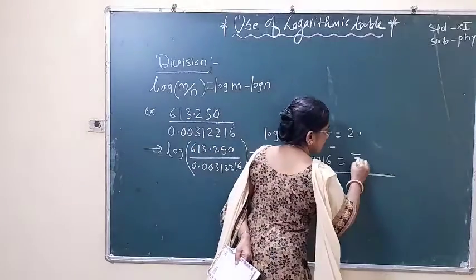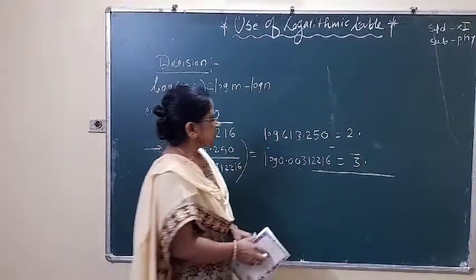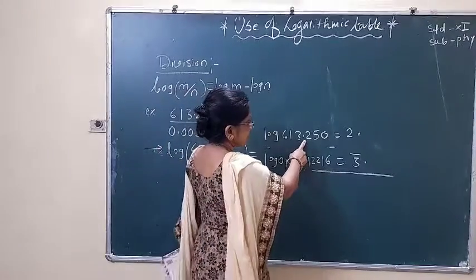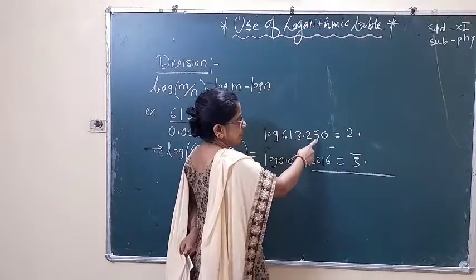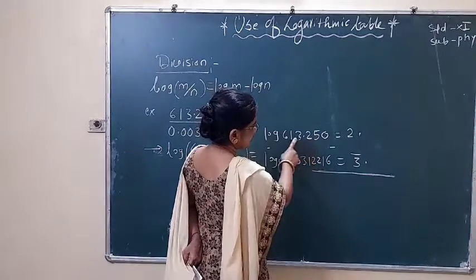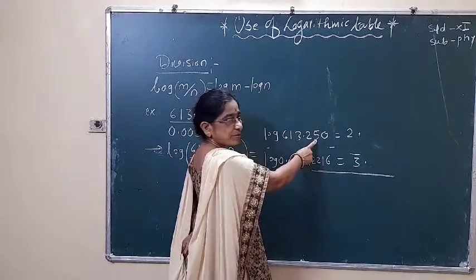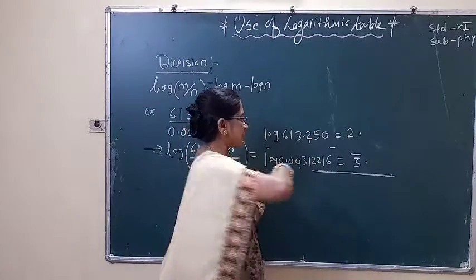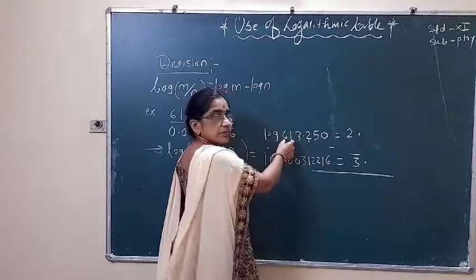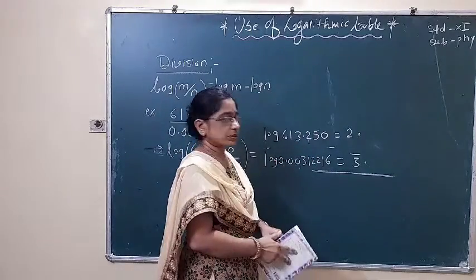The characteristic will be 3 bar. Then we have to approximate this number to 4 digits. The fifth digit is 5. If the fifth digit is 5 or greater than 5, add 1 to the fourth digit and see the log of the first 2 digits in the third and the mean difference in the fourth digit.